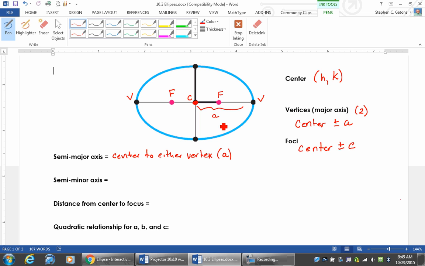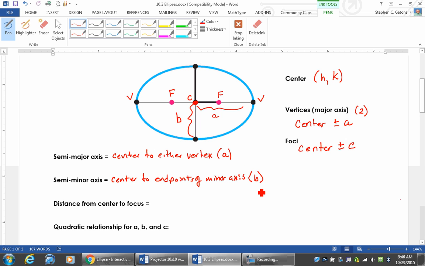The semi-minor axis is from the center to the endpoints of the minor axis. These are not called vertices, they are called the endpoints of the minor axis. They are not vertices. That is this distance.